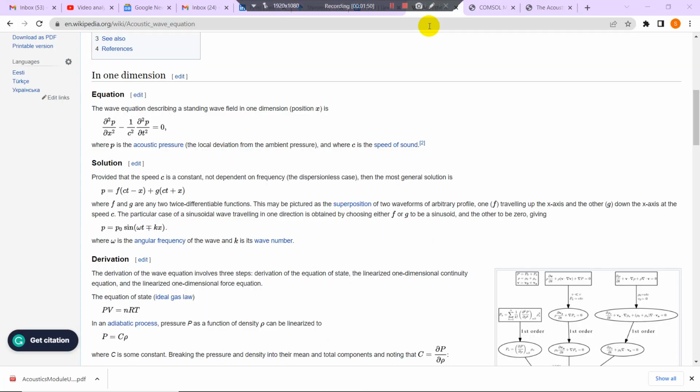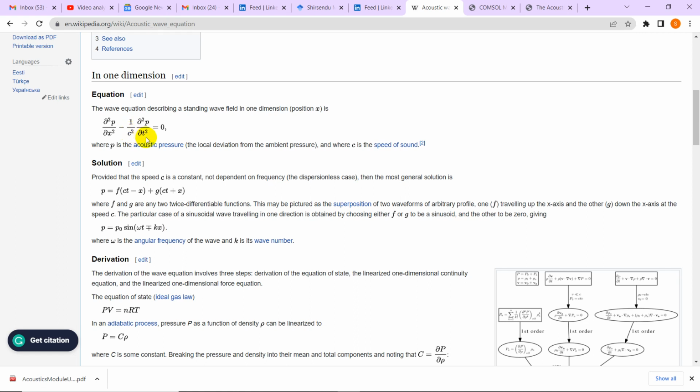I have taken this Wikipedia page, and if you see, this is how the pressure acoustic wave equation in time domain looks like. This is your second order space derivative, and this is your second order time derivative, and in this c squared, c is the wave speed.